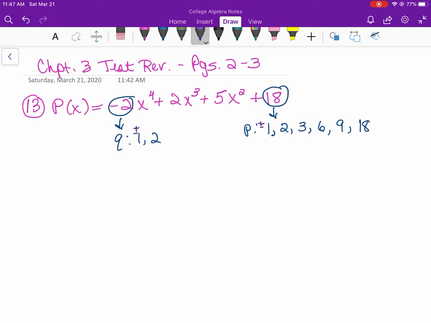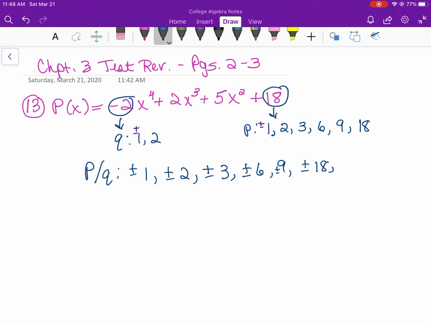So I was a little late getting that on there, but you see that in your answers anyway on your handout. All right, so if we do P over Q, we're going to have plus or minus 1 over 1, 2 over 1, 3 over 1, 6 over 1, 9 over 1, and 18 over 1.